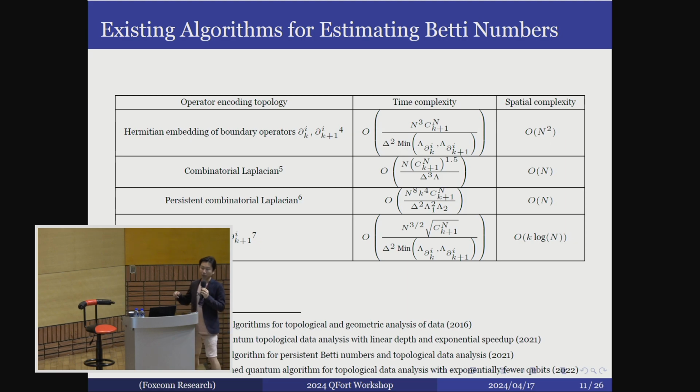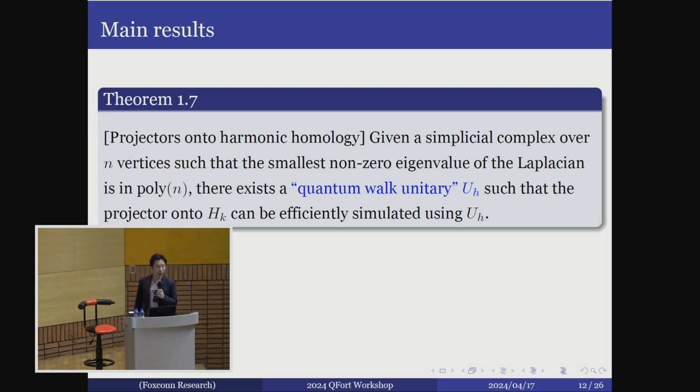So in my opinion, even though their algorithms work, they are not as direct as our result, because we use quantum walks, and you can see that if you use quantum walks, it becomes very natural. Okay, so this is our main result.